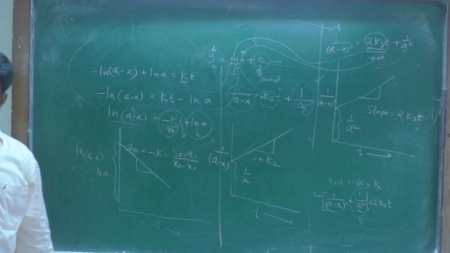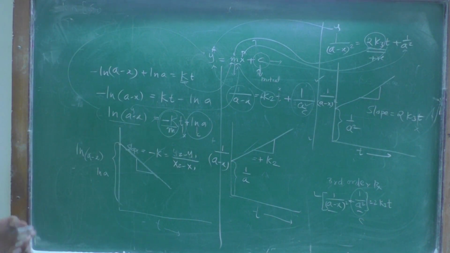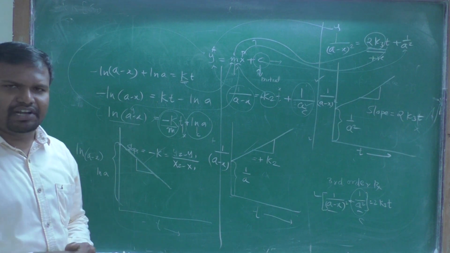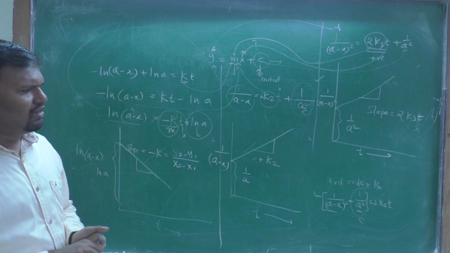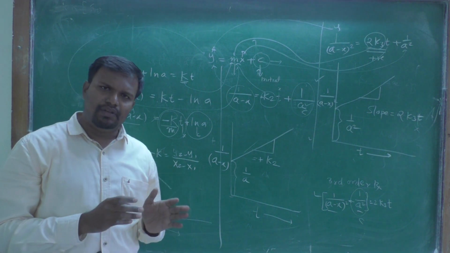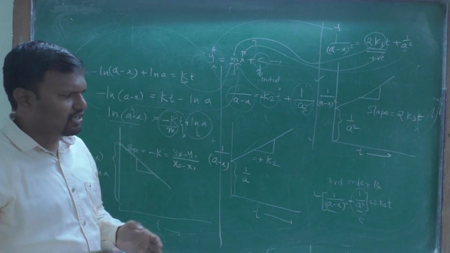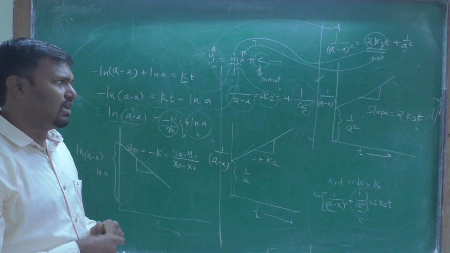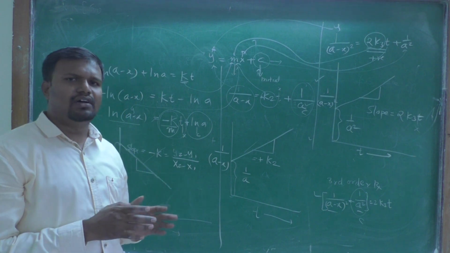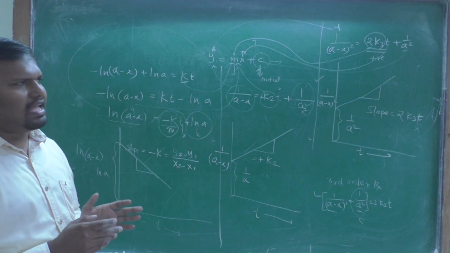In this way we have predicted graphically how the graph will be for first order reaction, second order reaction, and third order reaction. We compare this equation with the line equation.